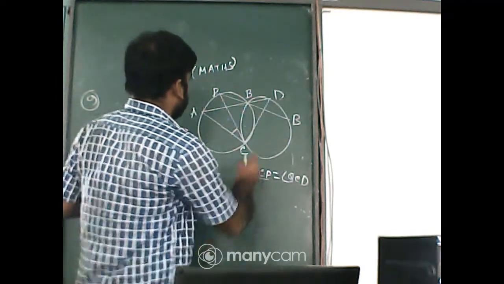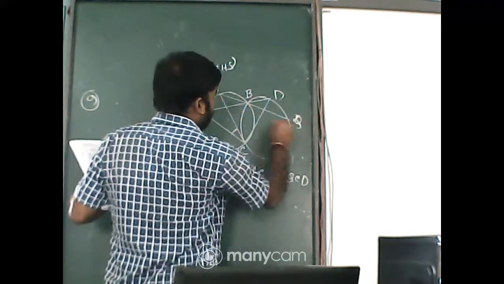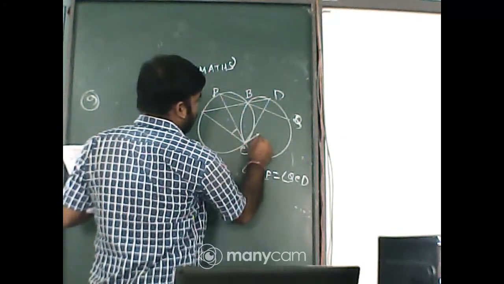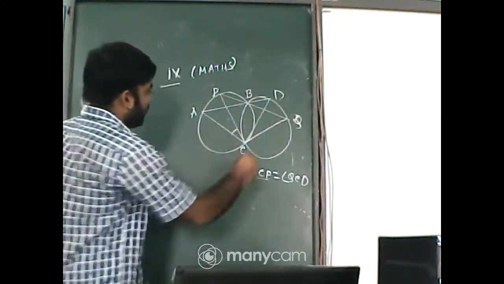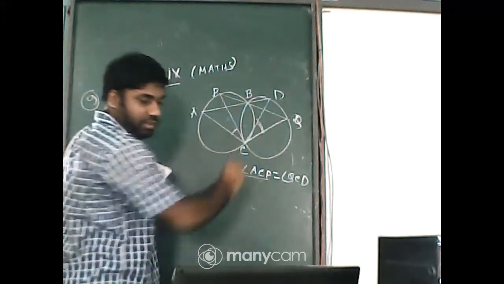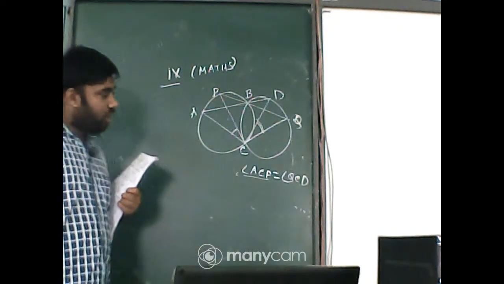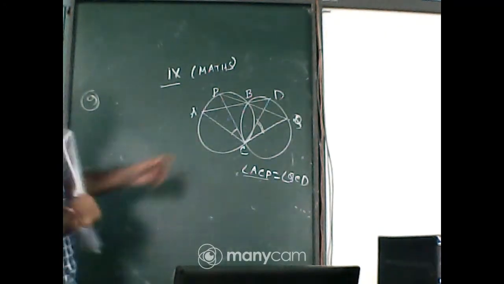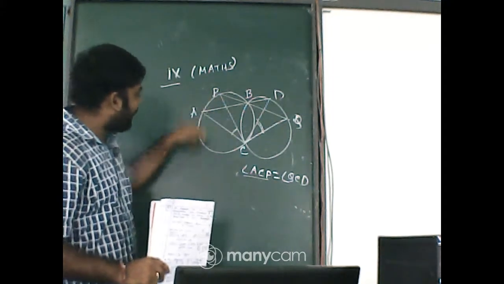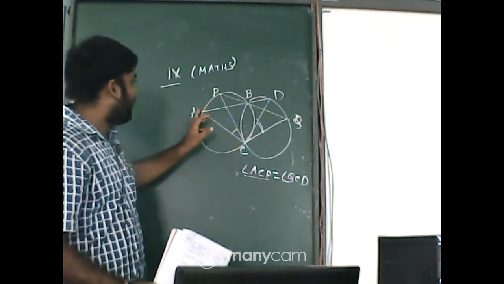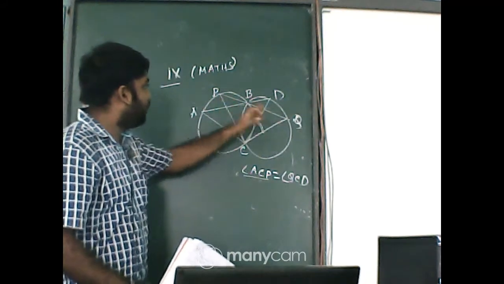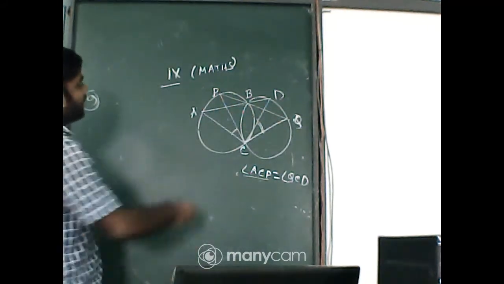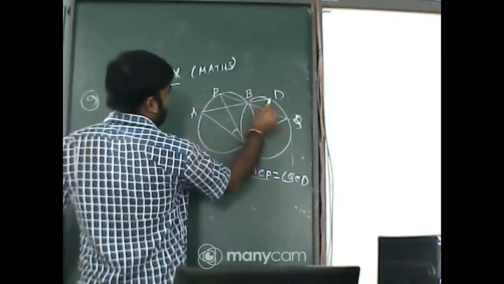So that point is Q and CQ. Got it? QCD means this angle. Got it everyone? That figure: two circles intersect at B and C. Two lines ABD and PBQ are drawn. They intersect the circle A, P, C, D, Q.